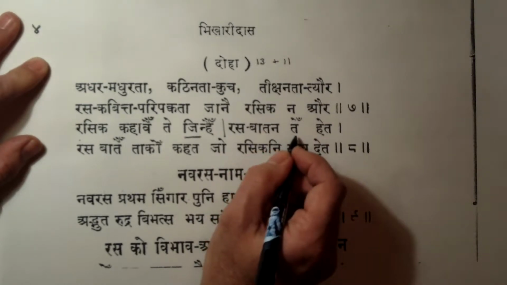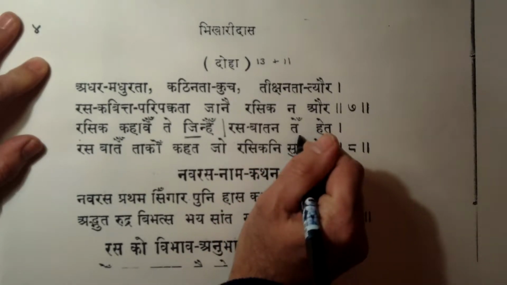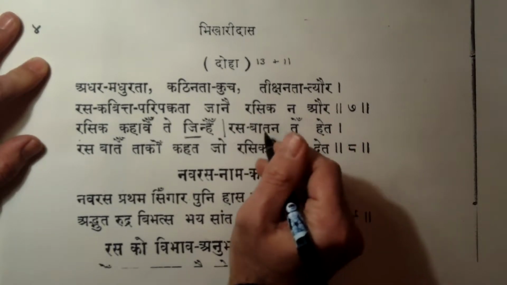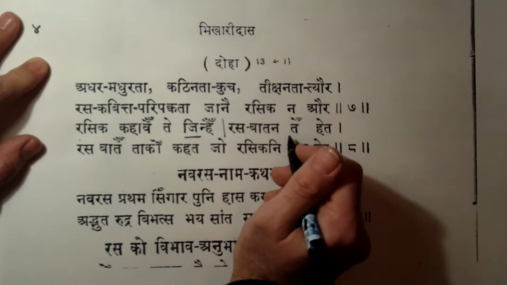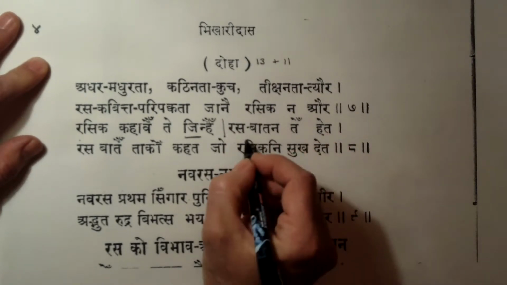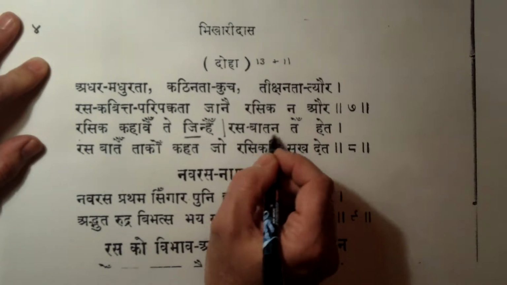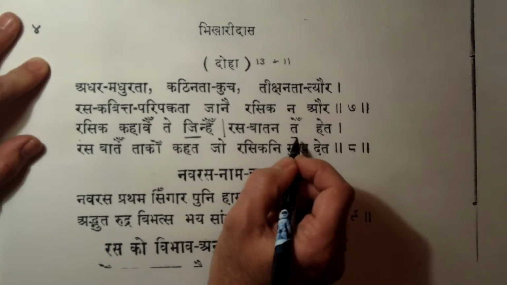So we should look for a postposition or try to imagine a relationship between this word and other words or other terms in the line, which would require a postposition like se, ko, ke liye, etc. So ras batan, so batan, things, matters, right, plural. And sure enough, we have a postposition here.